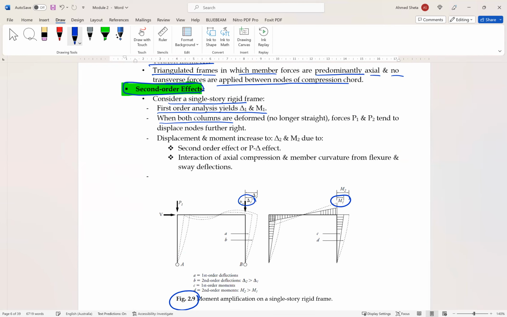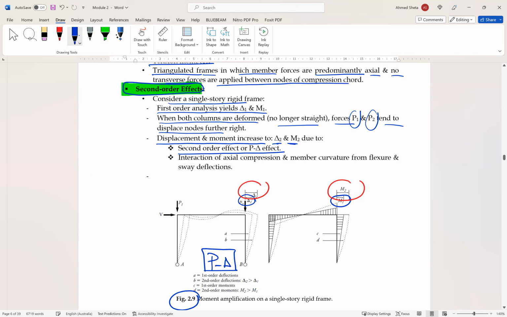When both columns are deformed, no longer straight, forces B1 and B2 tend to displace nodes further right. So due to this, we have delta 2 and M2. Displacement and moments increase to delta 2 and M2 due to second order effect, or it's called P-delta effect. So the P-delta effect means second order effect.